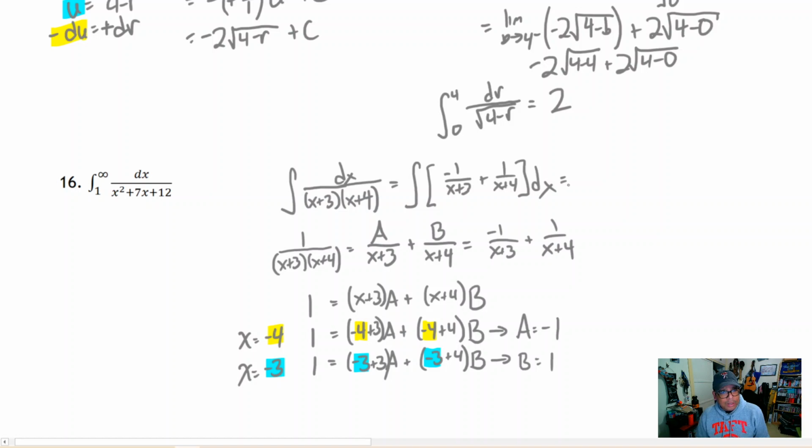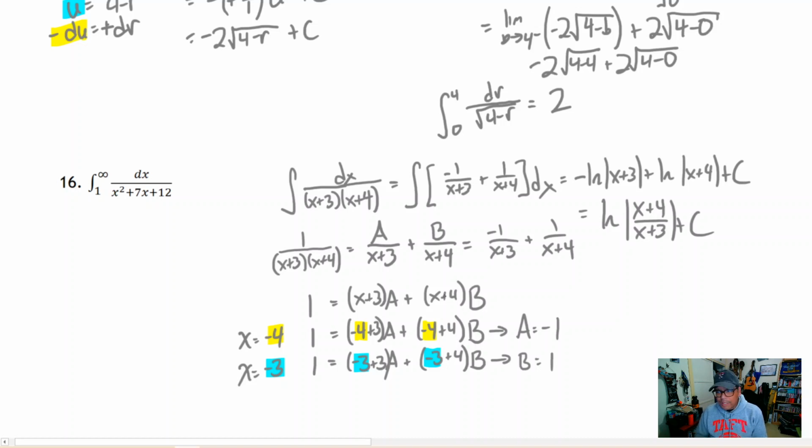And then using the natural log integration, this is going to be the negative natural log of x plus 3 plus the natural log of x plus 4 plus constant. And of course, that's going to be equal to the natural log of x plus 4 over x plus 3 plus constant. So there's my antiderivative.